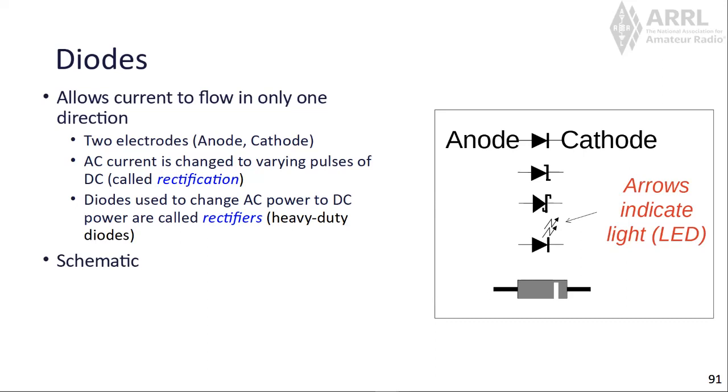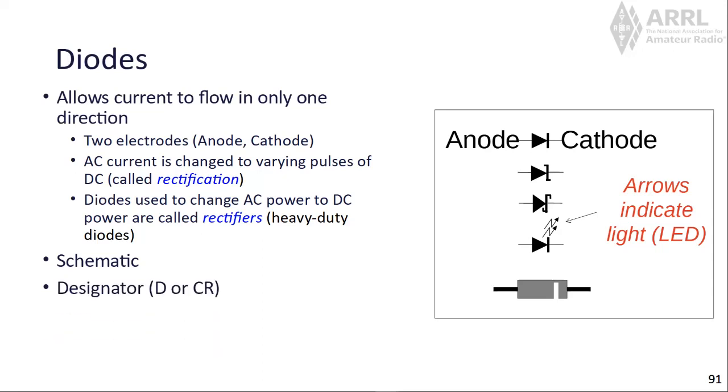There are variations in the symbol to represent different kinds of diodes. The one at the very bottom has the little arrows coming off of it, and that tells you that it is a light emitting diode, an LED. Those arrows represent photons coming off of the diode.